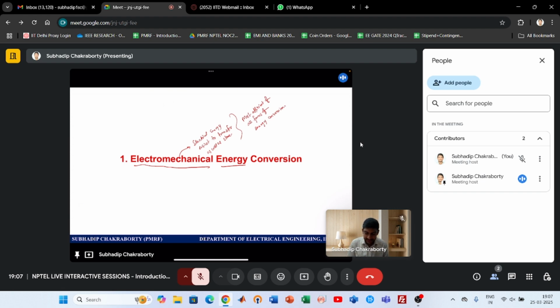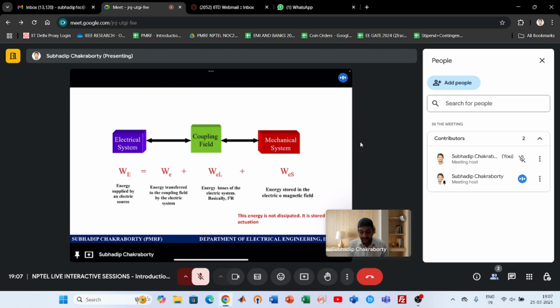So coming to the electromechanical energy conversion process, as I told you, it is one form of energy conversion which relates electrical and mechanical systems and energies, through a process of coupling, to transform from electrical to mechanical or from mechanical to electrical, right? Obviously if you have mechanical energy producing devices, you have a mechanical system for that. And for electrical energy to get generated or utilized, you need some electrical equipment.